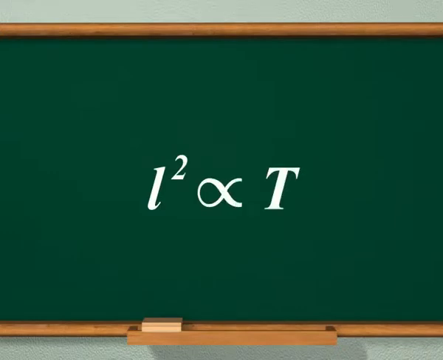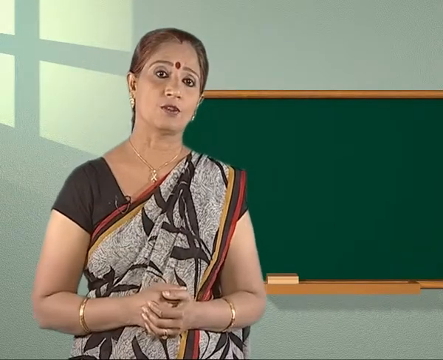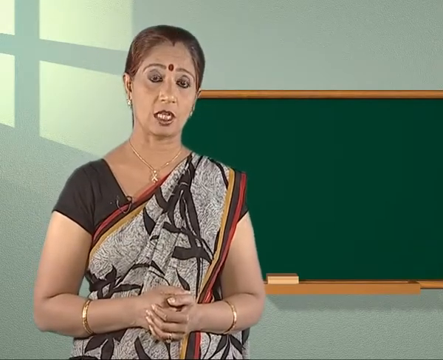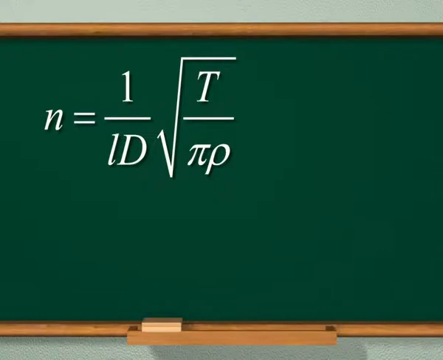There is one more method of expressing the frequency of a vibrating string. Well, it can be expressed as n is equal to 1 by L into D into under root of capital T upon pi rho, where rho is the density of the material of the string and D is its diameter.